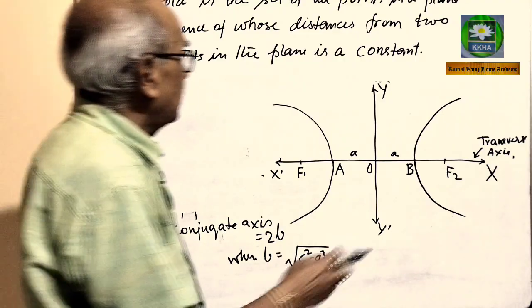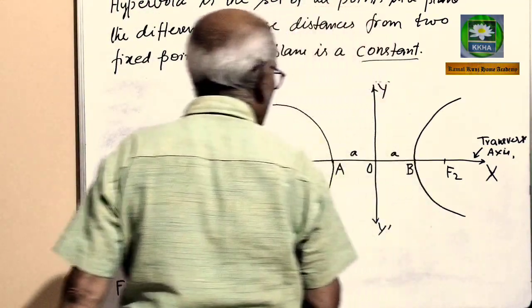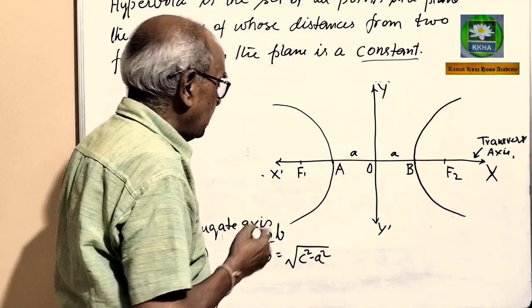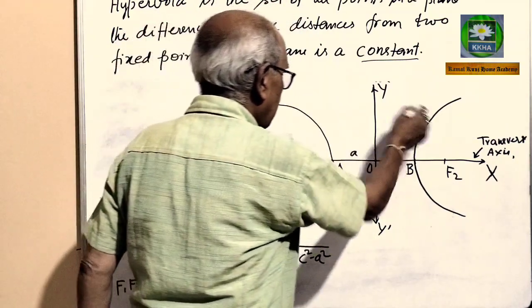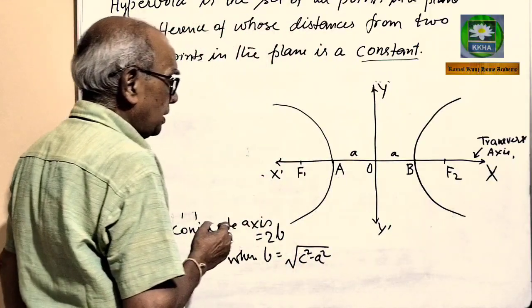Now, how to find the value of this constant? This is the difference between the distances of any point on the hyperbola from the foci.